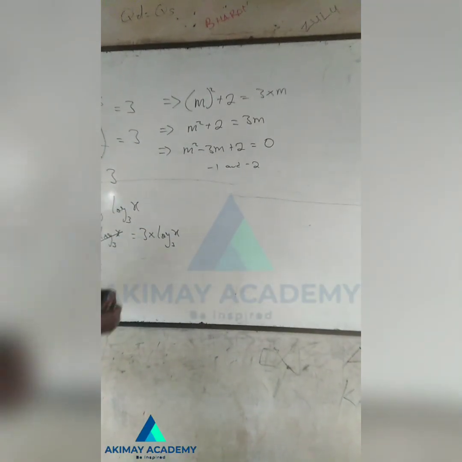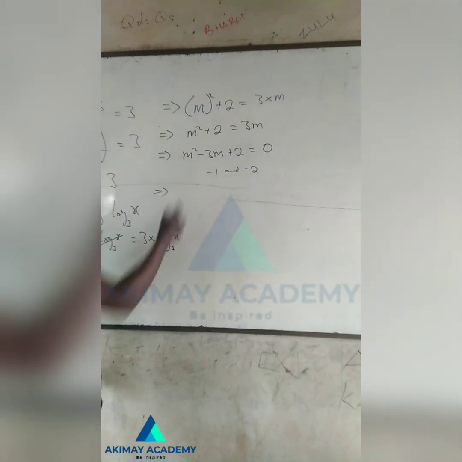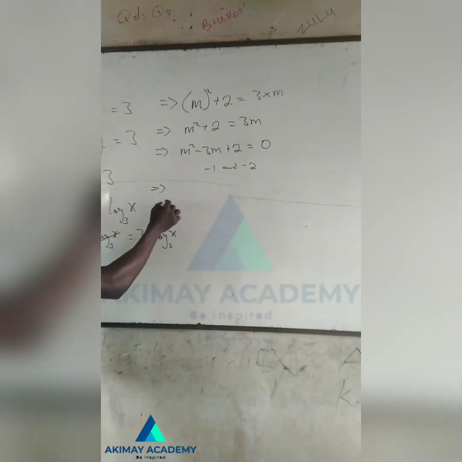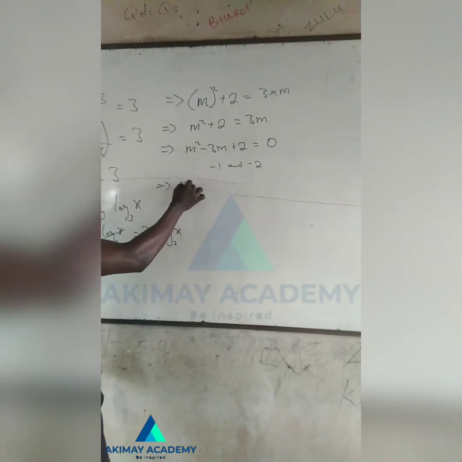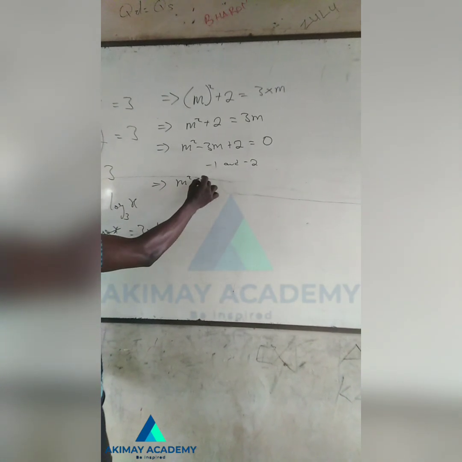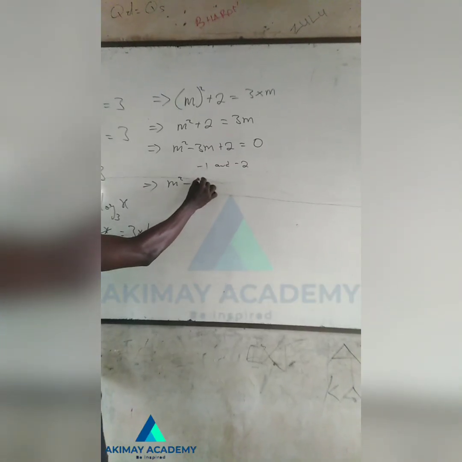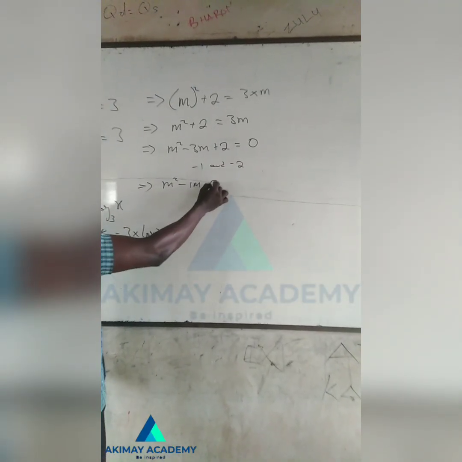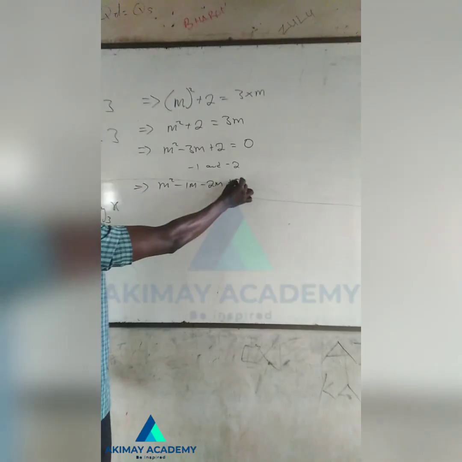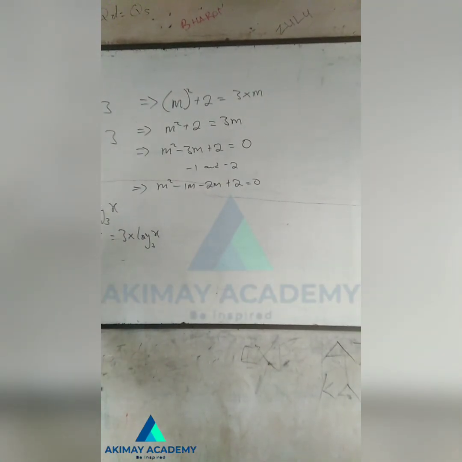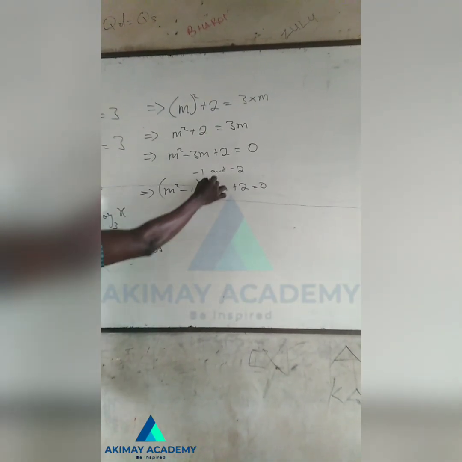Hope you remember that. So let's present inside the coefficient of m. We have m squared minus 1m minus 2m plus 2.